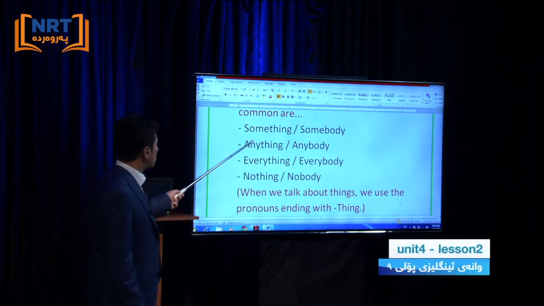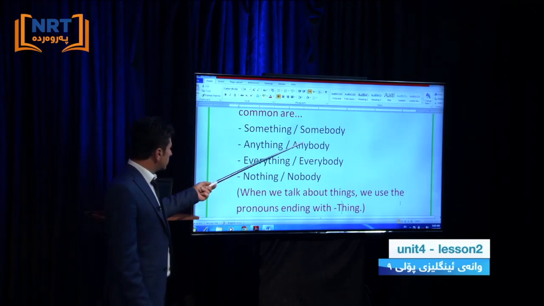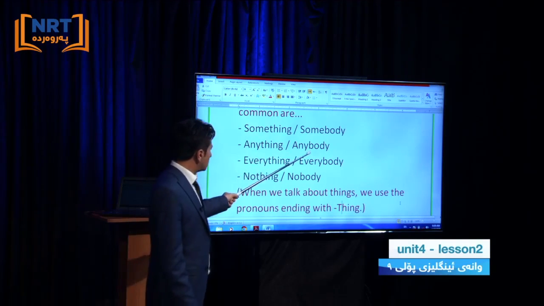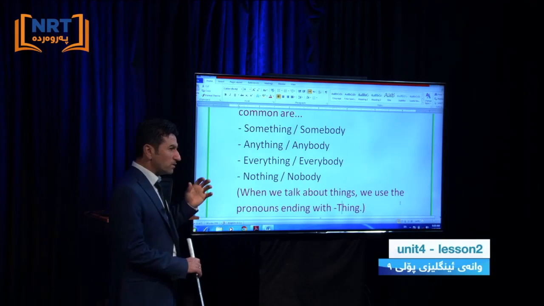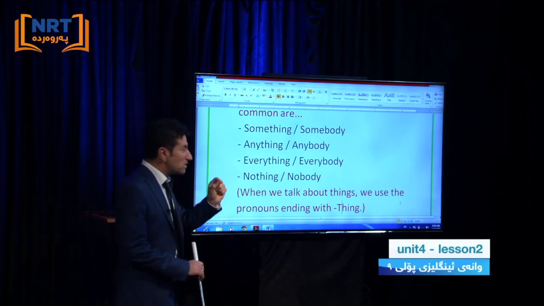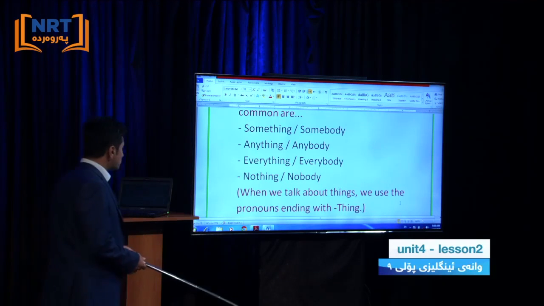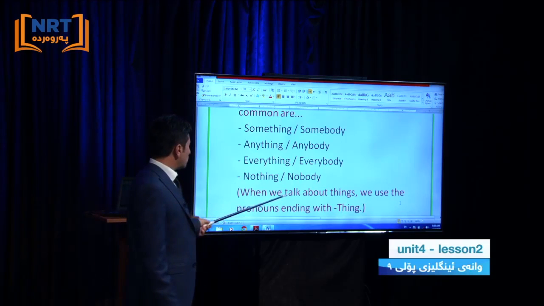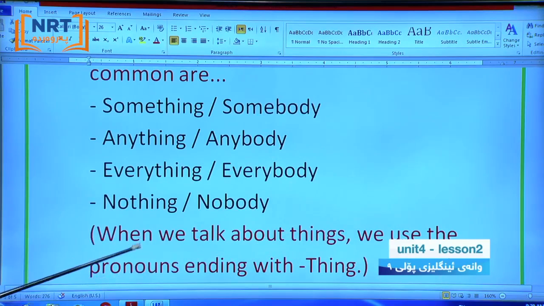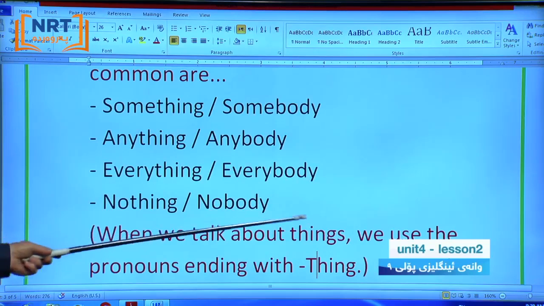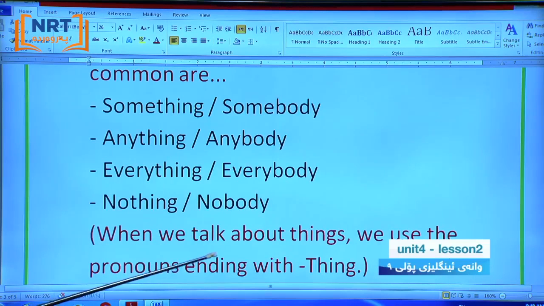Something, somebody, anything, anybody. They are used to talk about unspecified persons or things. Everything, everybody, nothing, nobody. Look here. When we talk about things, not persons, we use the indefinite pronouns ending with thing.